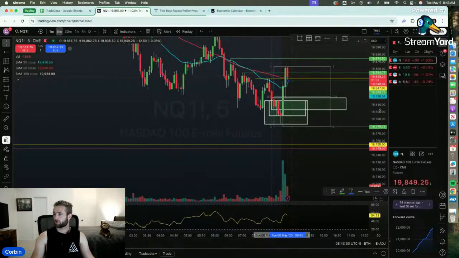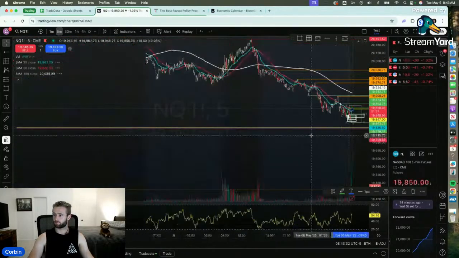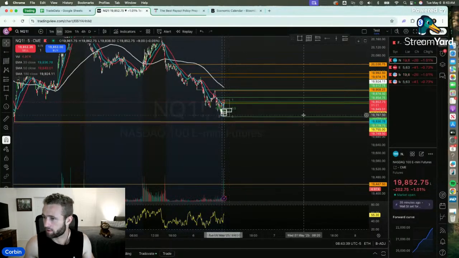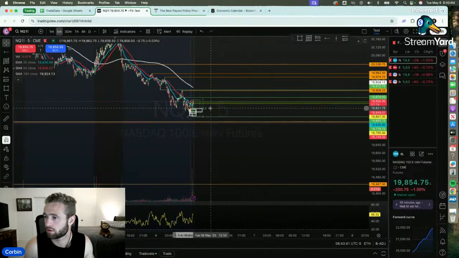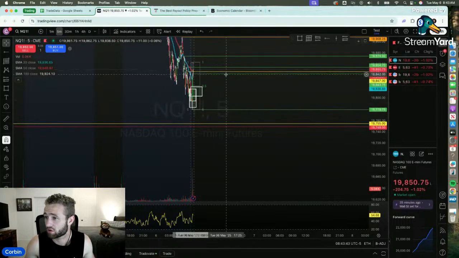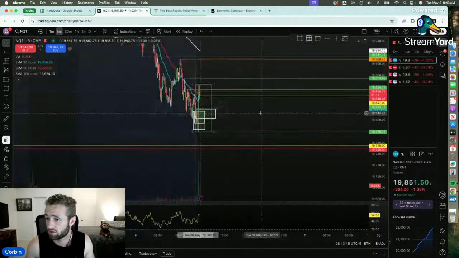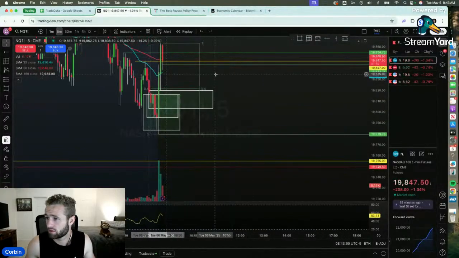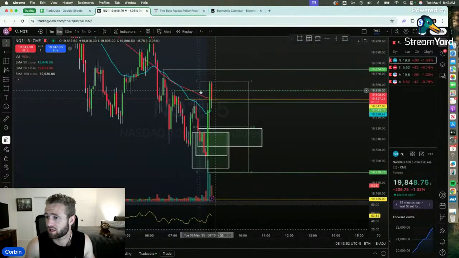5 day, 5 minute chart. What does it look like long term? We have some drawn liquidity right down here that we could touch. The next big draw on liquidity level is which one? I mean, we're kind of testing this right here.